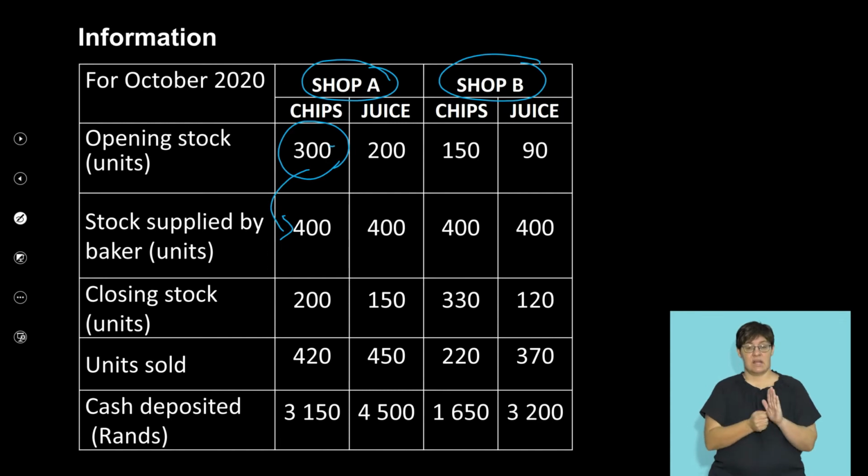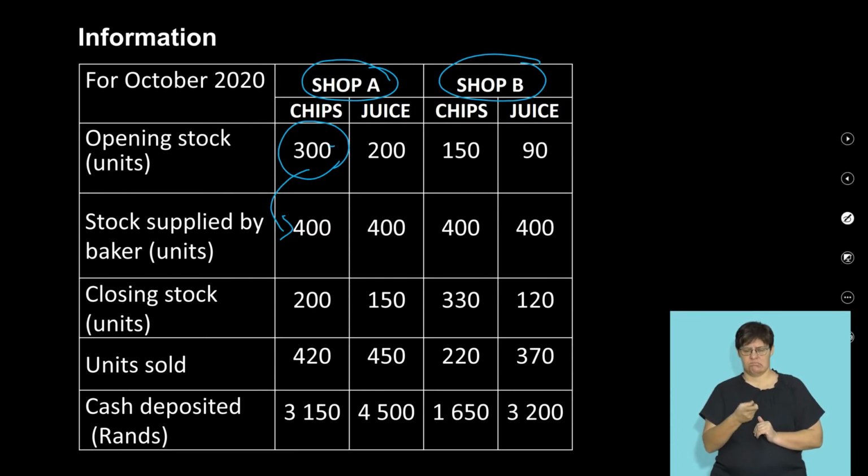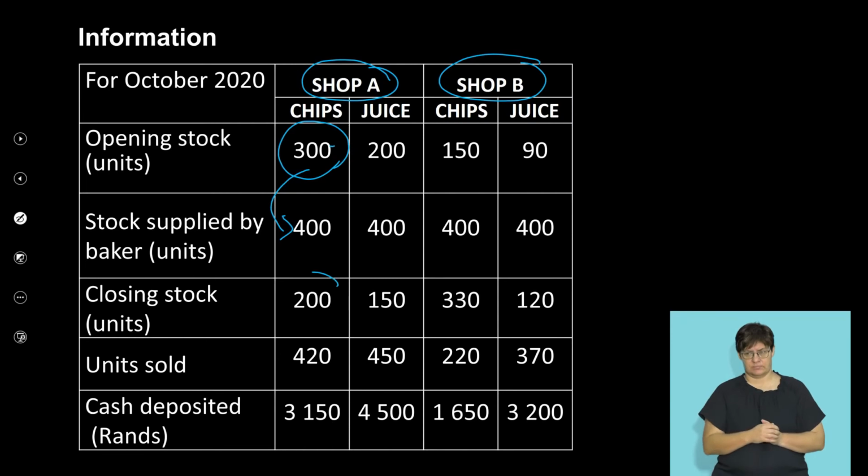And if we sold 420, let's do that. 700 is the units you had available, minus the 420 that you sold, you're supposed to have 280 units on hand. Clearly you do not have that, it is only 200.